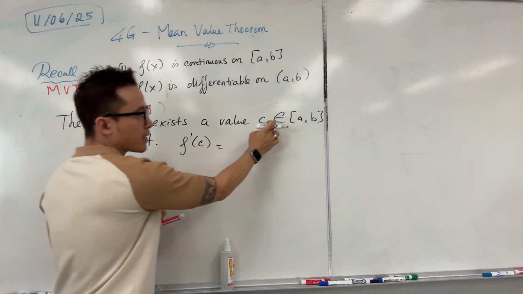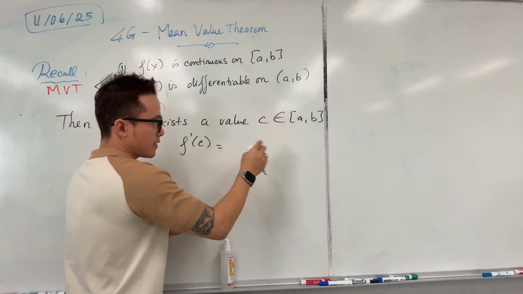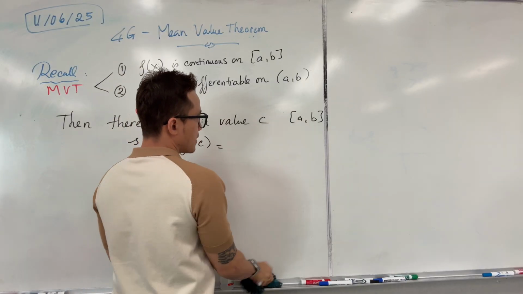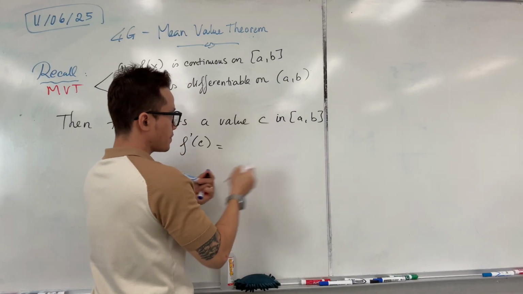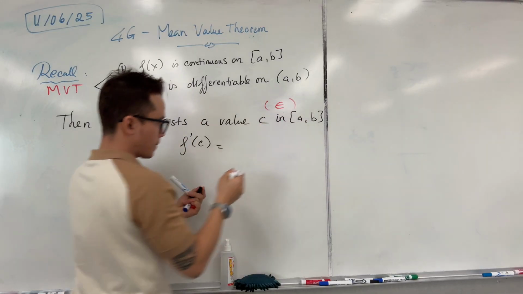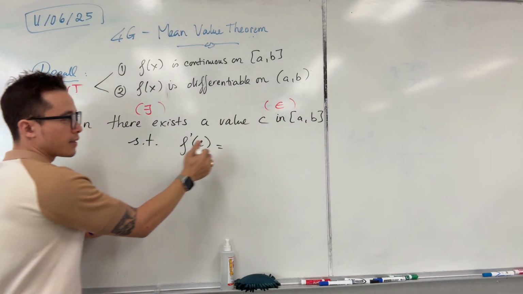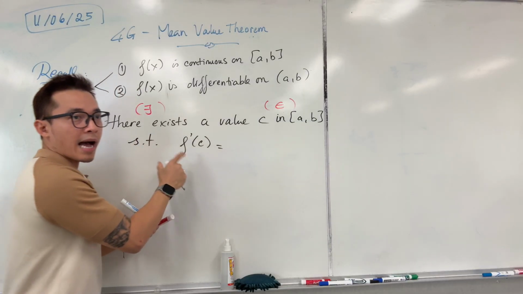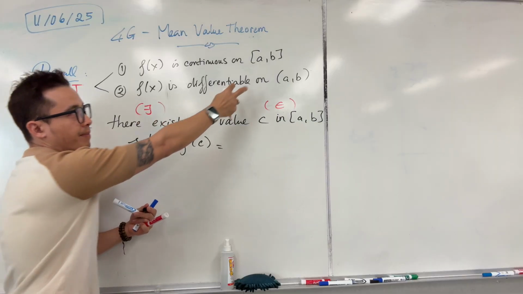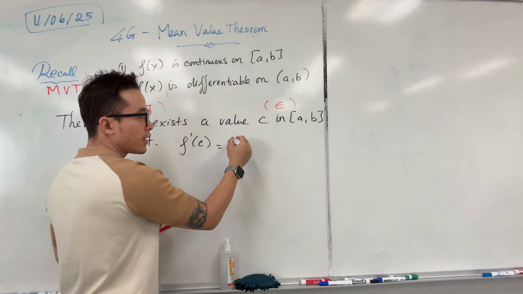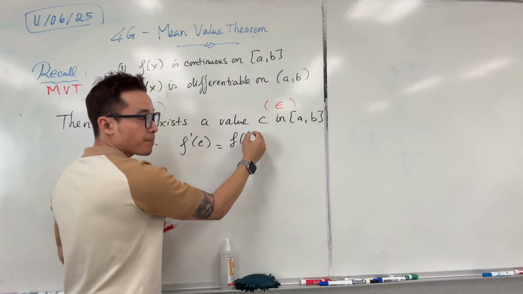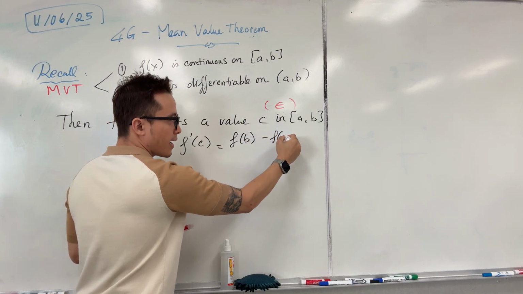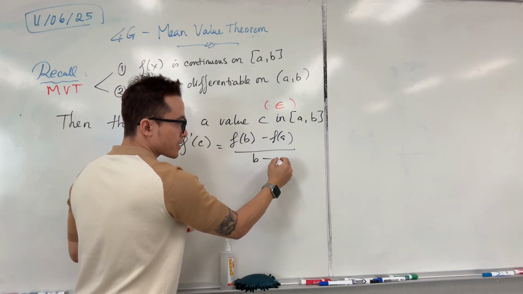f'(c) equals, and that's where you put the equation. What is the average rate of change for a and b? How do you find it? f(b) minus f(a) over b minus a.